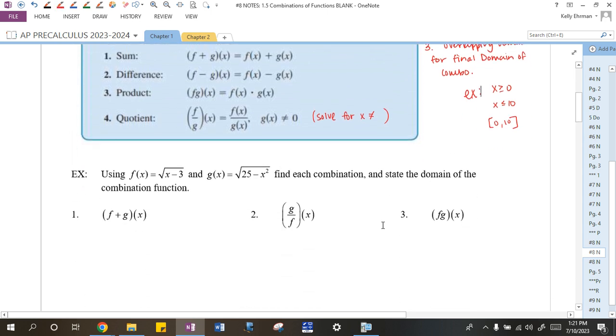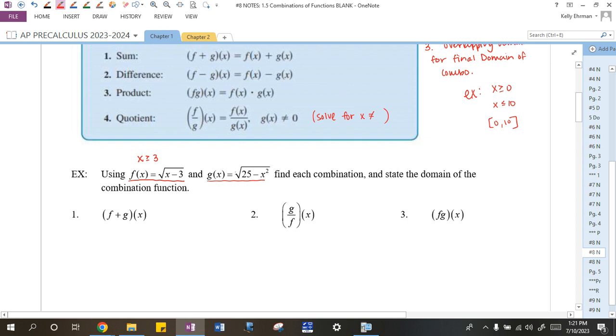Looking at these two functions here, we've got f of x is the square root of x minus 3, and g of x is the square root of 25 minus x squared. Find each combination and state the domain for each combination's function. Before we get into these combinations, let's remind ourselves about these domains. We have a square root function where x is going to be anything greater than or equal to 3 for f of x, right? Because x minus 3 stays greater than or equal to 0.